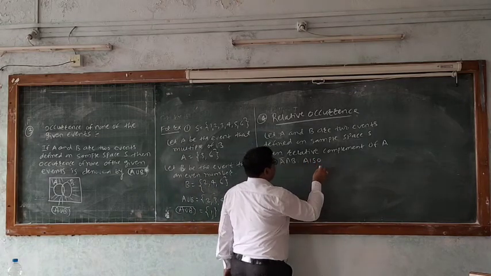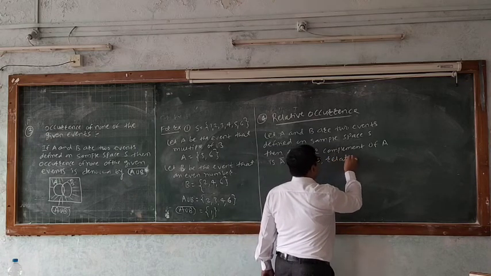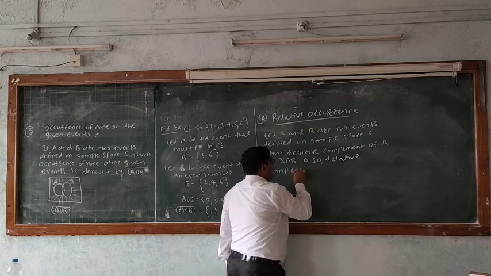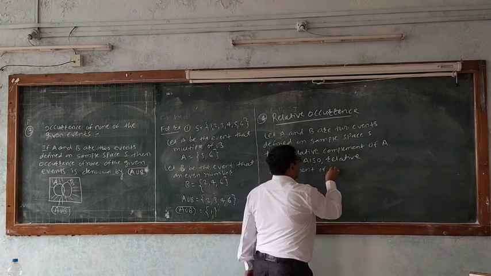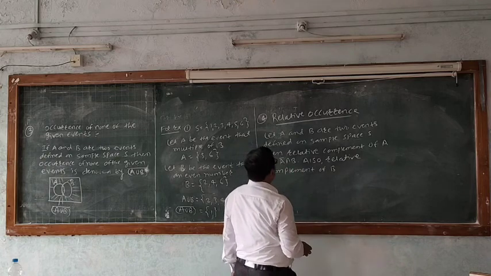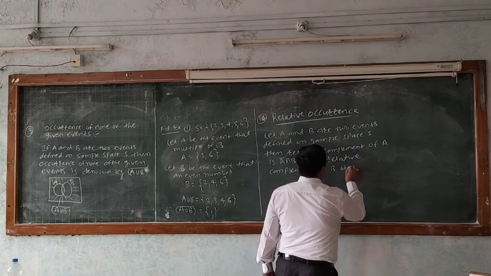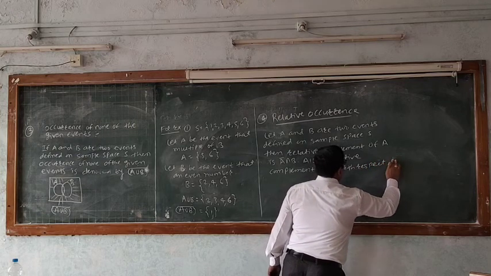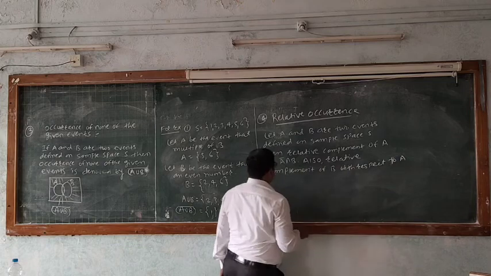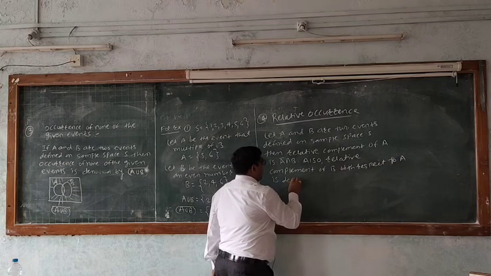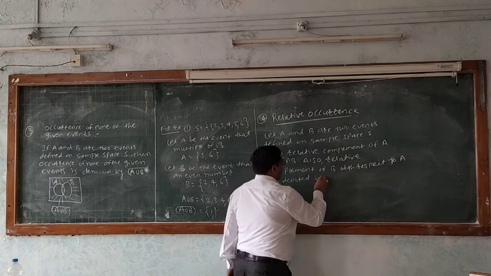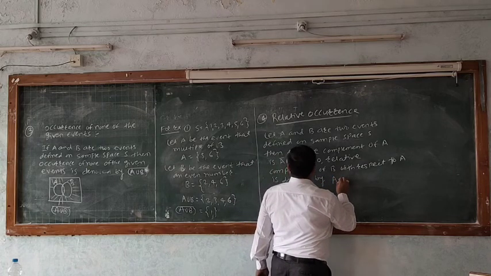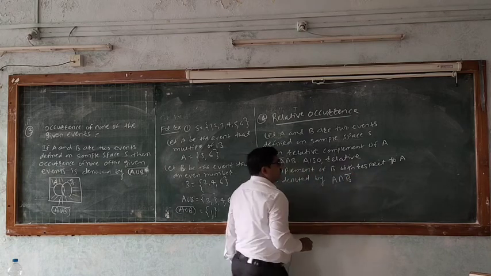And similarly, the relative complement of B with respect to A is denoted by A intersection B bar, right?